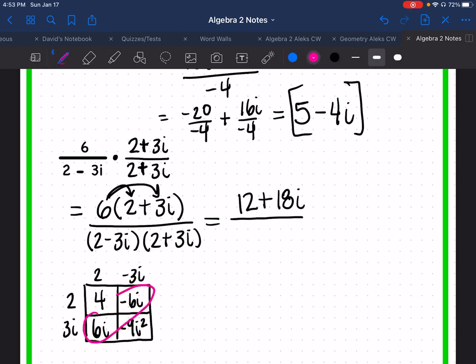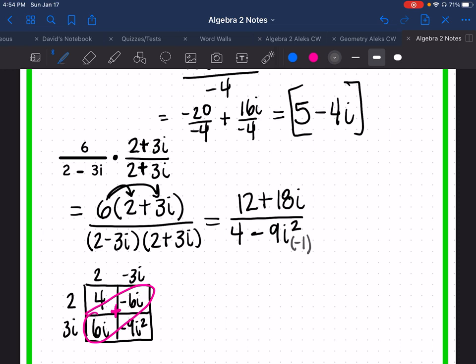Remember, these two right here are going to get added together. And this is exactly why I did this. 6i plus negative 6i cancel each other out, and my imaginary variable of i is gone. In the last one, you might be thinking, but the i is still there, but look, it's i squared. And remember, we know that i squared is really negative 1.